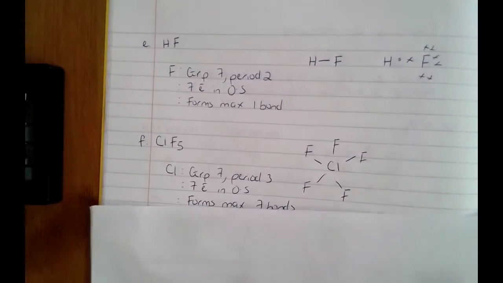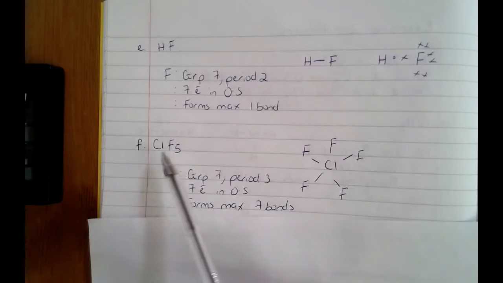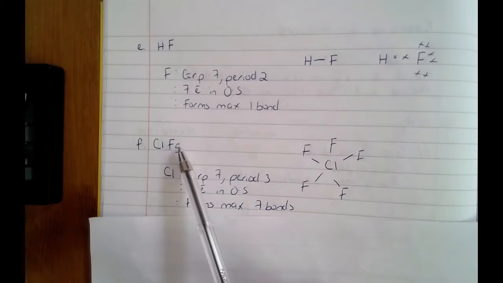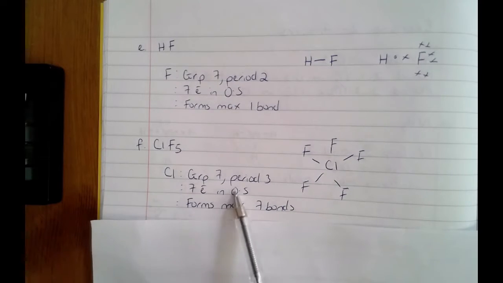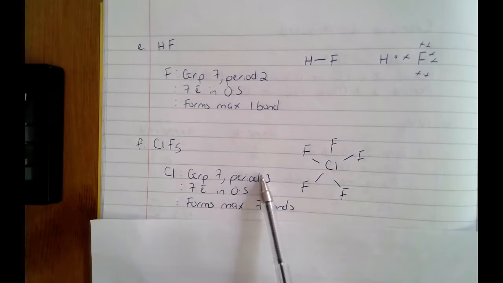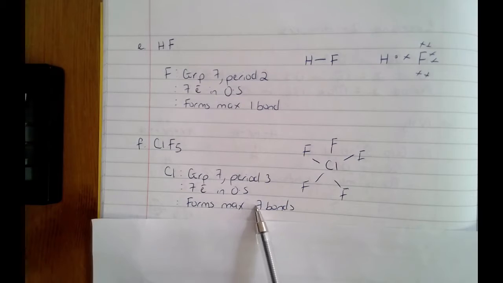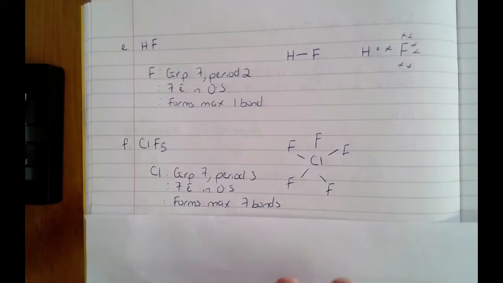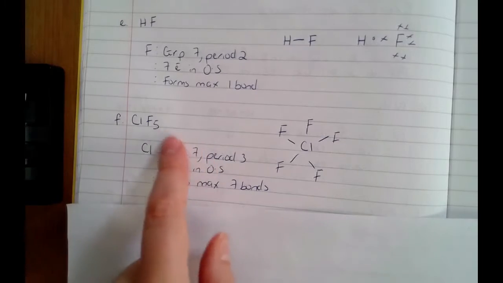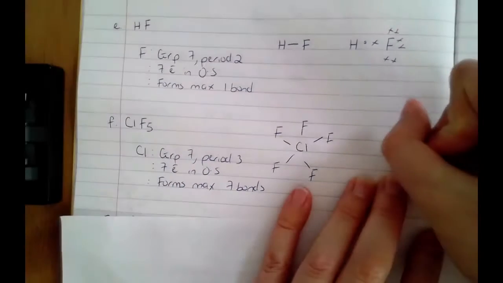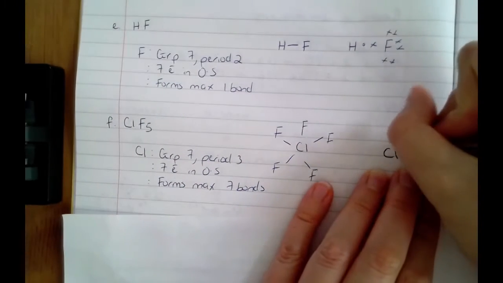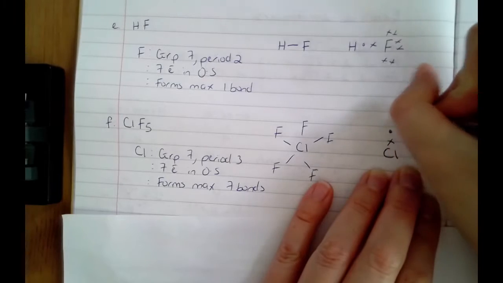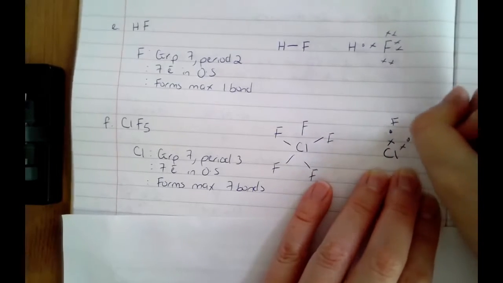If we look at another group 7 element though, chlorine, I'm forming ClF5, so chlorine in this case is forming 5 bonds, and that's absolutely fine because chlorine's got 7 electrons in its outer shell, and because it's in period 3, it can form a maximum of 7 bonds. In this case, it's only forming 5, and I know that because there's 5 fluorines around it. So I'm just going to draw chlorine's electrons, so I've got 5 fluorines around chlorine.